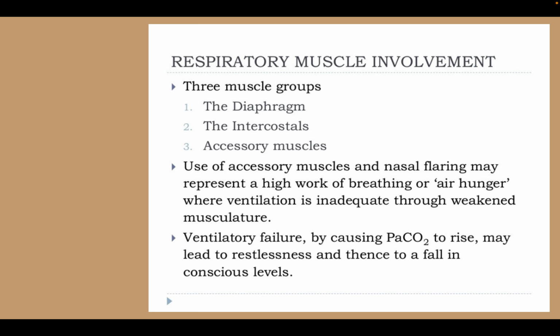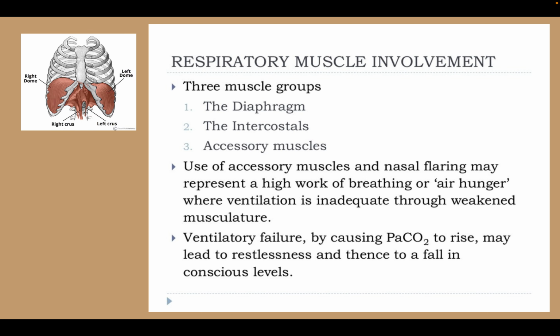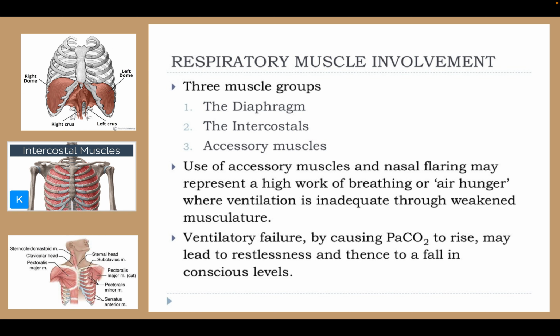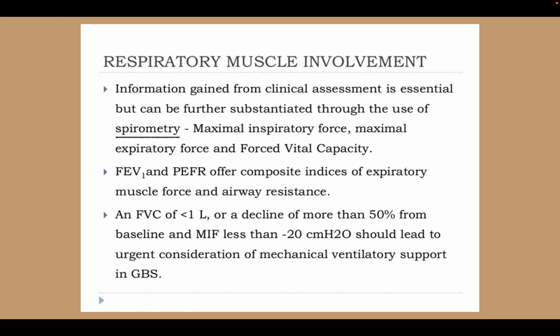There could be ventilatory failure or hypoventilation giving rise to high PCO2 or respiratory acidosis, which can also point towards respiratory muscle fatigue. And this is what we are talking about: the diaphragm, the intercostals, and the accessory muscles.